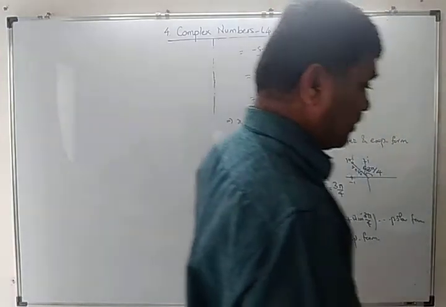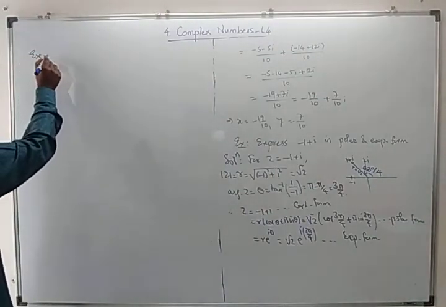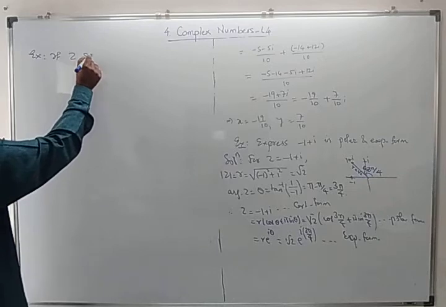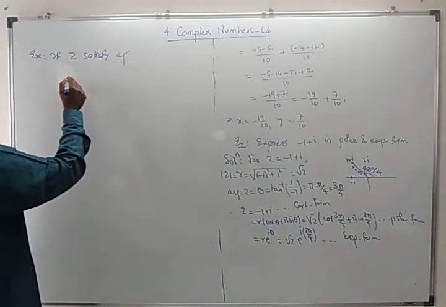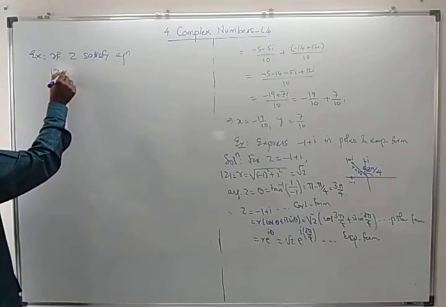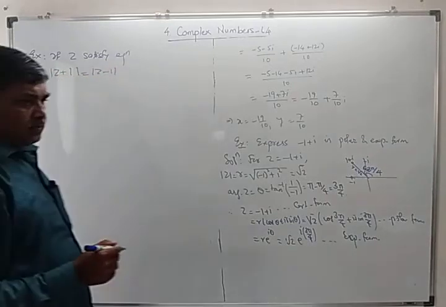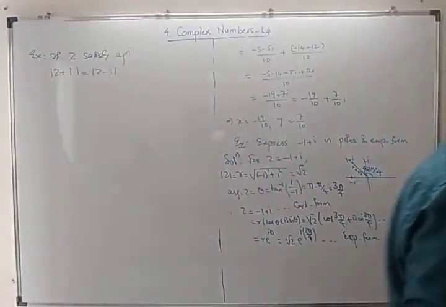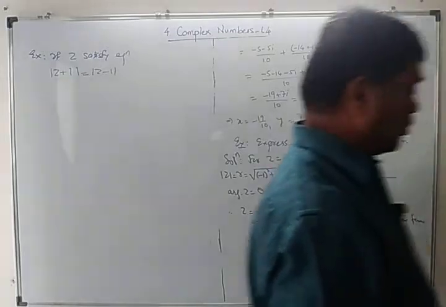Next example. If Z satisfies the equation mod of Z + 1 is equal to mod of Z - 1, then show that the real part of Z is equal to 0.